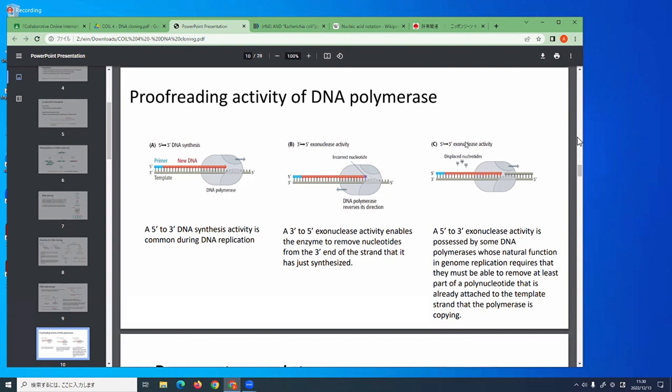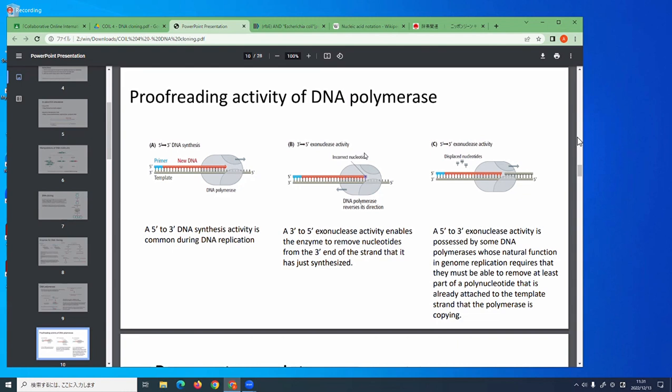to remove base pairs in the 5' to 3' direction, which means that when the DNA polymerase comes in the middle, it will have the ability to remove the base pairs downstream of its location. And the other one is the opposite, the 3' to 5' exonuclease.